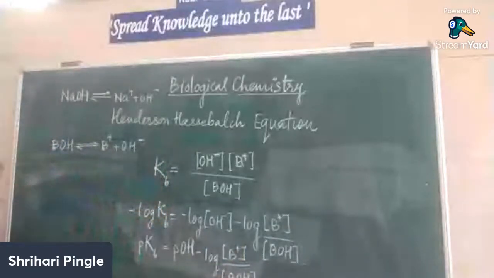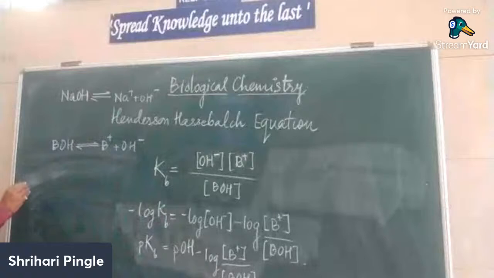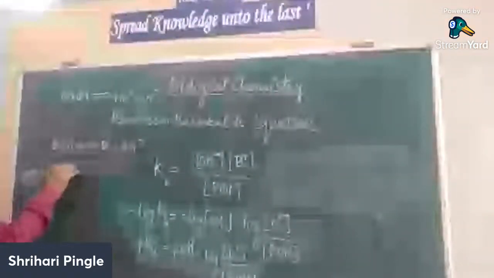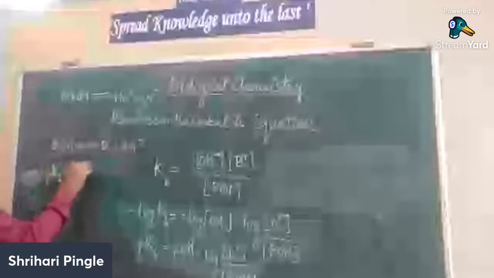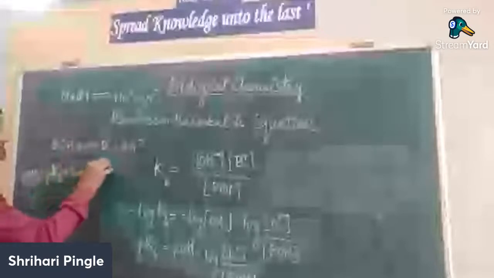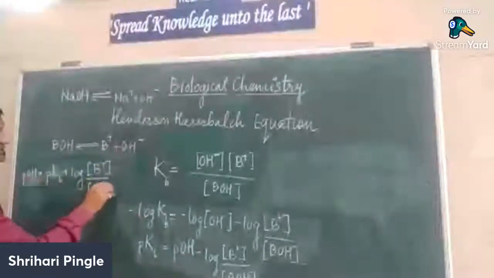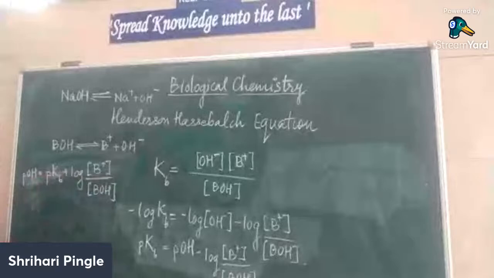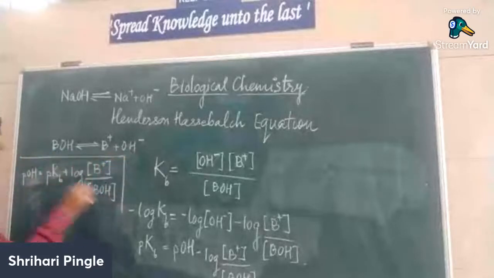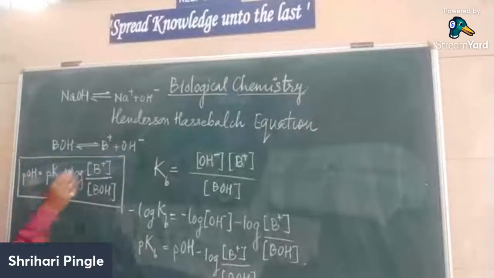And then rearranging this, what you get is pOH is equal to pKB plus log of concentration of conjugate acid upon concentration of the base. This is the Henderson Hasselbalch equation for a base.